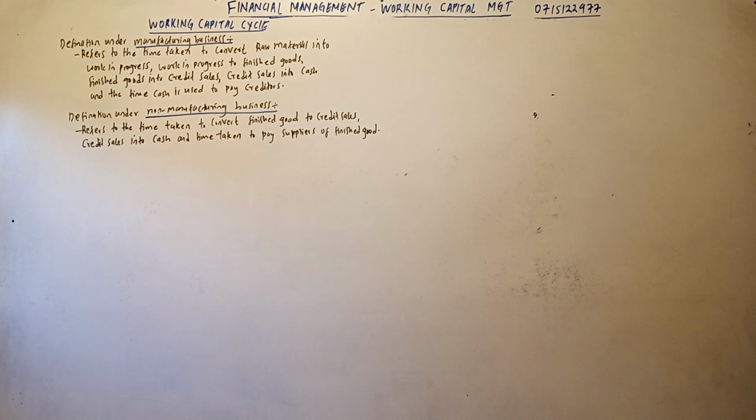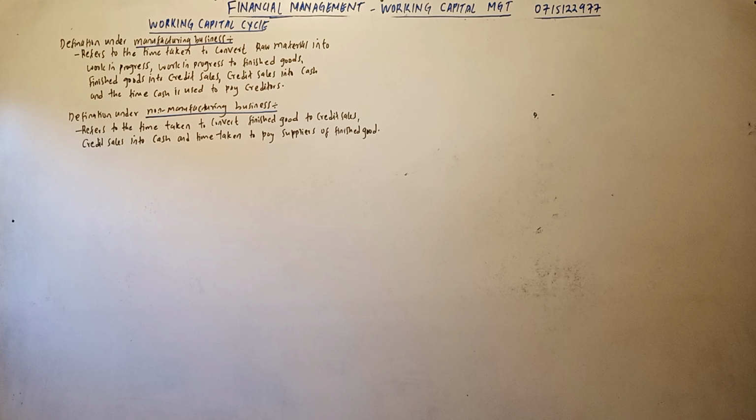Remember, we are talking about time, the manufacturing cycle: the time taken to convert the raw material into work in progress, work in progress into finished goods, finished goods into credit sales, then credit sales into cash, and the time taken to pay the suppliers or creditors.